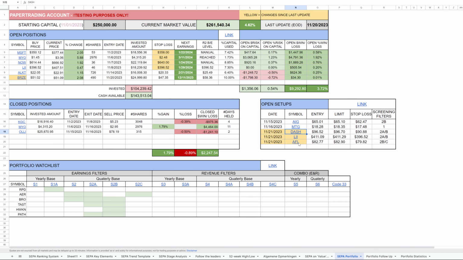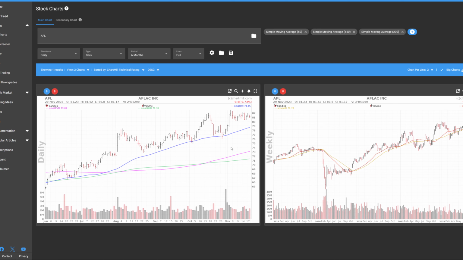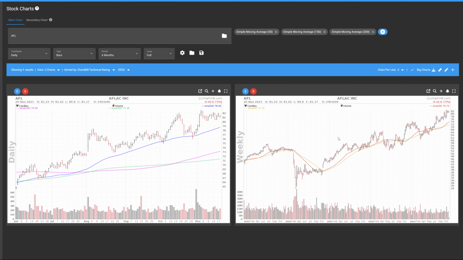And then the last one, AFL, a very nice volatility contraction pattern. Again, on the weekly chart, a clear uptrend. And I will show you what I mean by that volatility contraction pattern. So this is a symmetrical triangle pattern, as they say. First contraction, second contraction, and the third contraction.